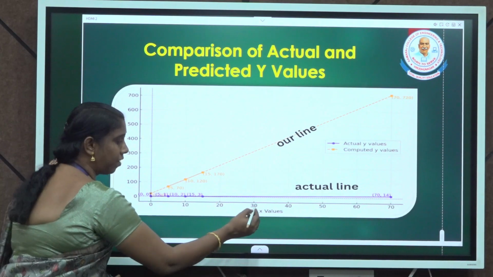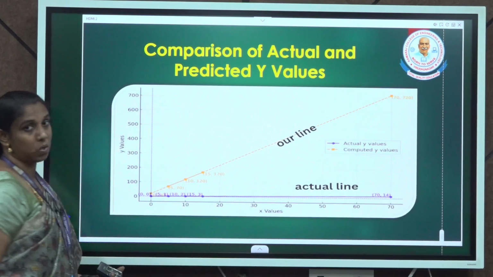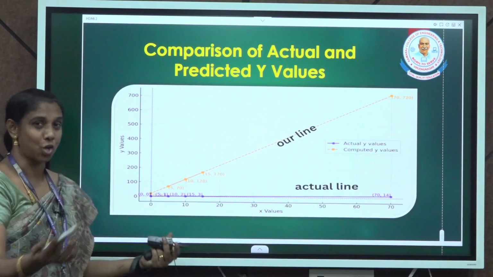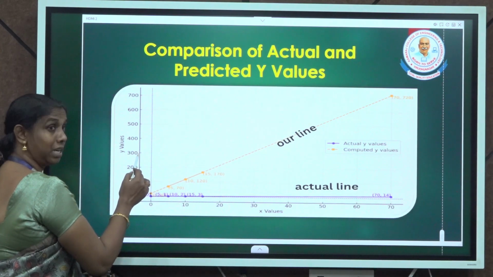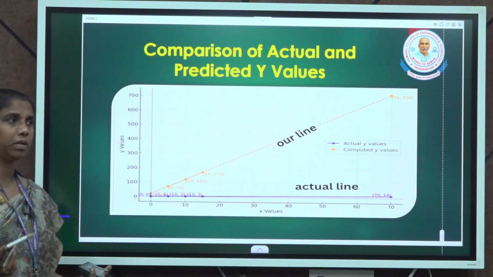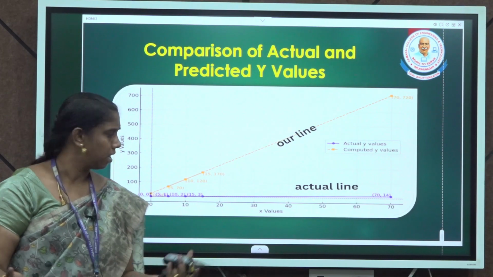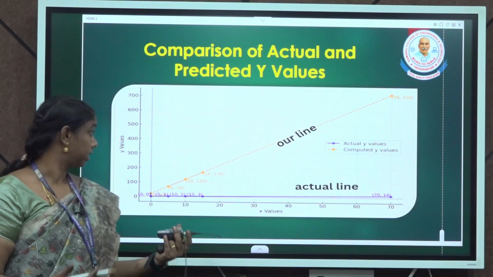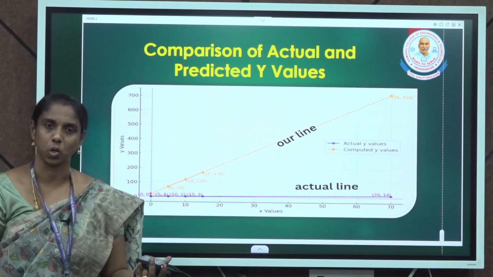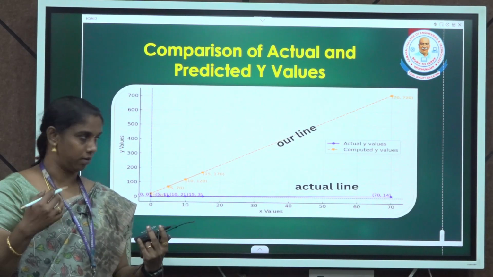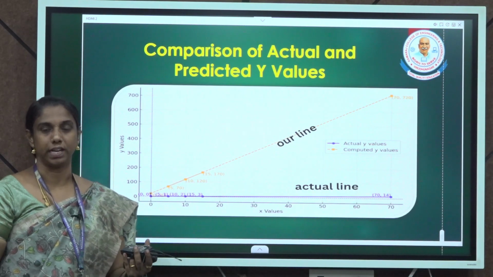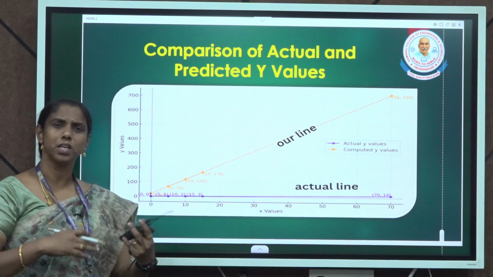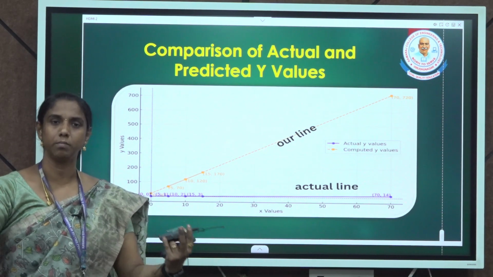If I take the value as 30, how many chocolates can I buy? The x value is 30 and the y value is nearly 300. For 30 rupees, can I buy 300 chocolates? Wrong. For 30 rupees I can buy only 6 chocolates, but it shows 300. It's a huge error.